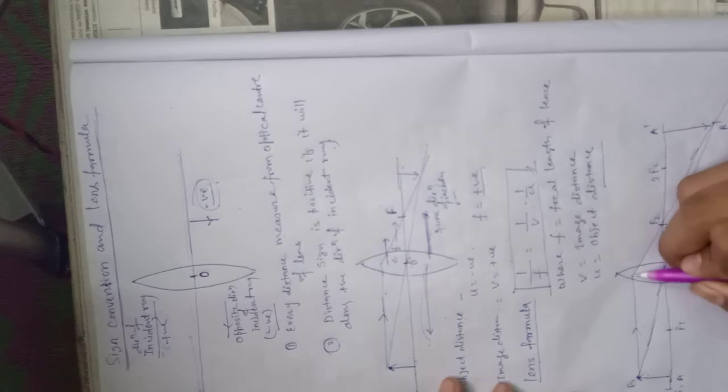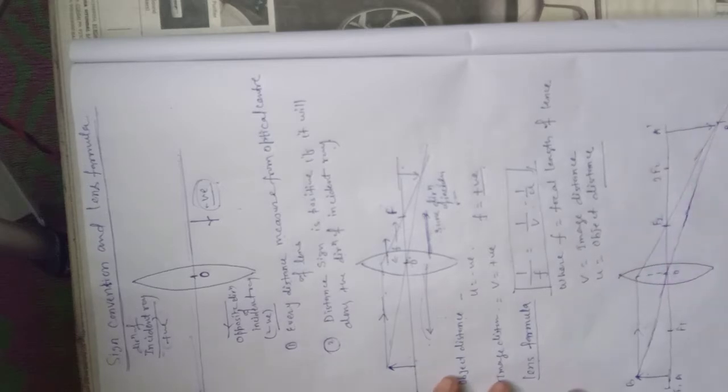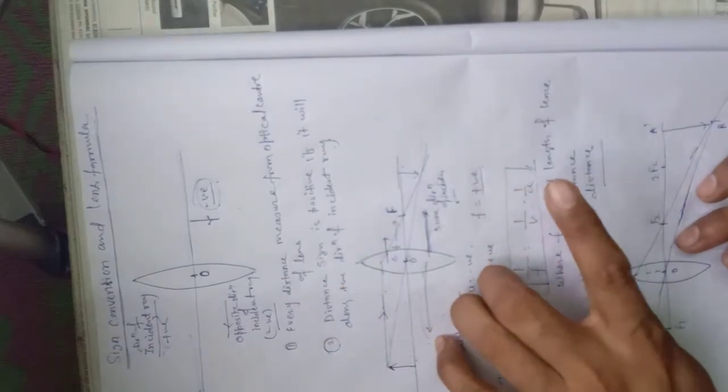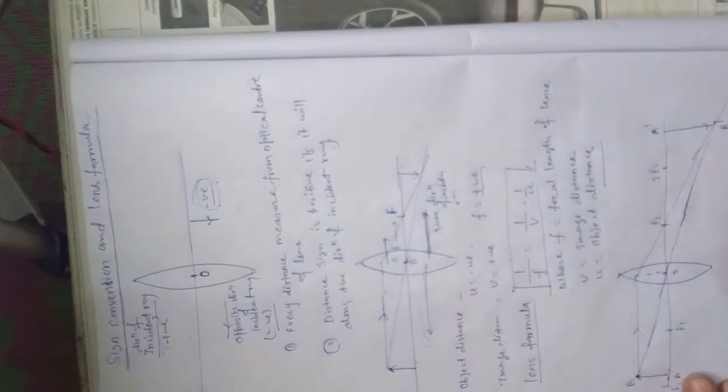Now, for the derivation, I am going to derive 1 by f equal to 1 by v minus 1 by u. How does it come?